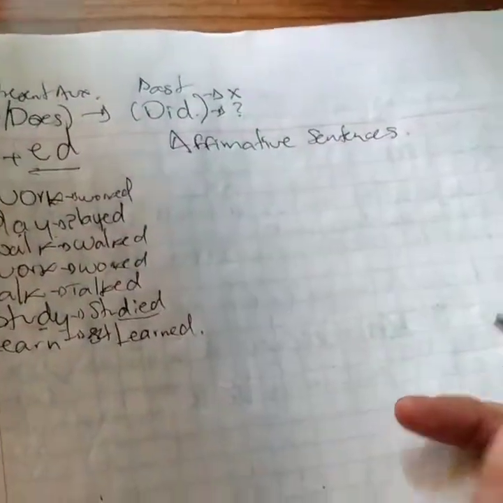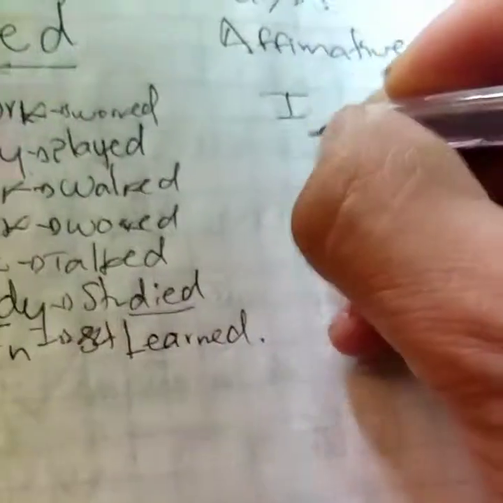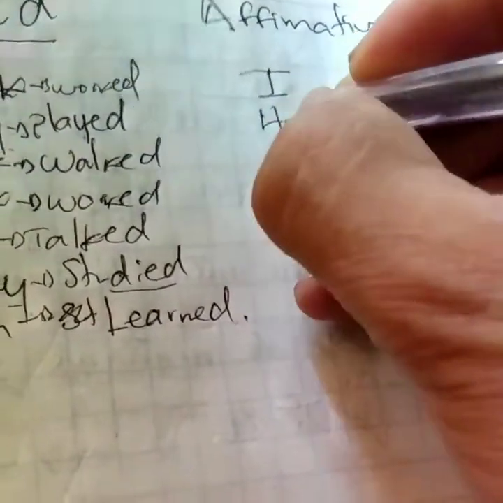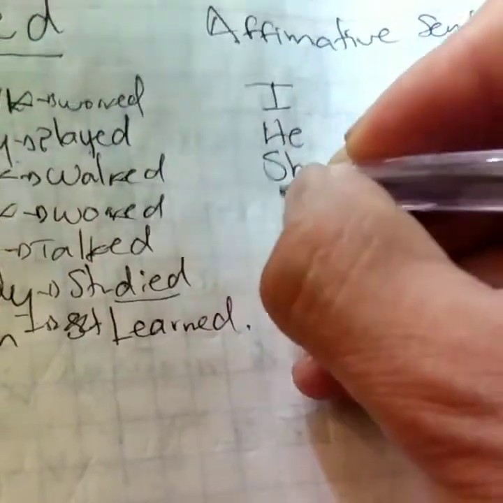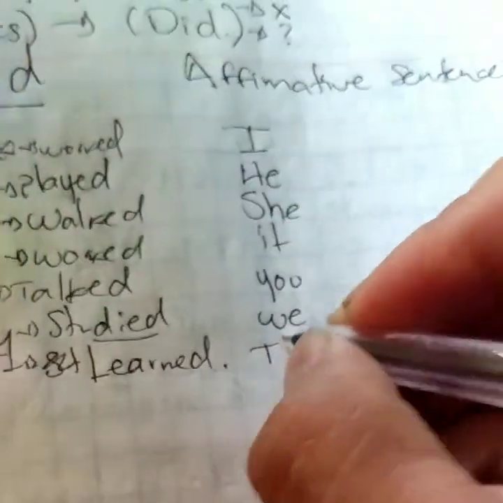As I told you, we always are going to use the personal pronouns, right? I, he, she, it, you, we, they.